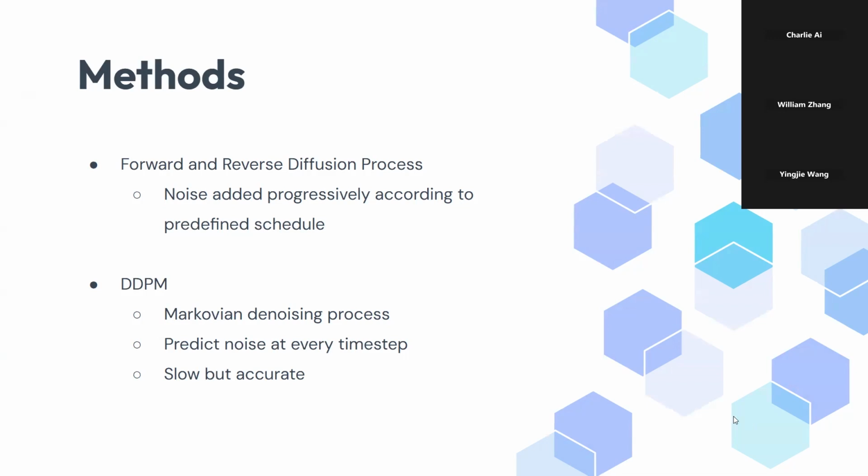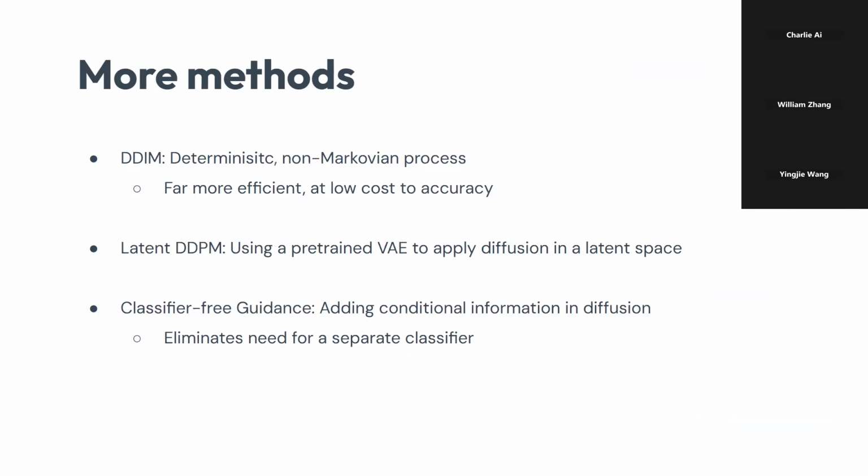So there's classic DDPM, and built on top of DDPM we have DDIM, which is deterministic and non-Markovian, and faster at a minimal cost to accuracy. Latent DDPM uses a VAE to apply diffusion in a latent space. And finally, we have classifier-free guidance, to allow us to generate conditional images without having to have a separate classifier.